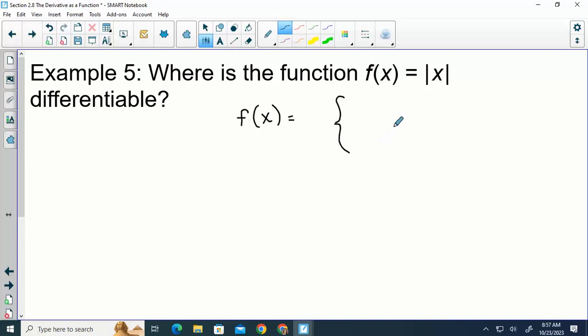If you put in something bigger than 0, so if you put in a positive, what's true about the absolute value? It's still positive, right? So it doesn't change it. And if you put in a negative, the absolute value makes it positive, so you get the opposite of what you put in. So this is the definition we have used every time we talk about those derivatives.